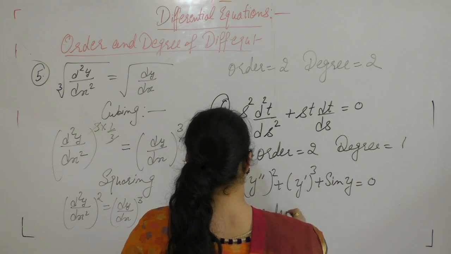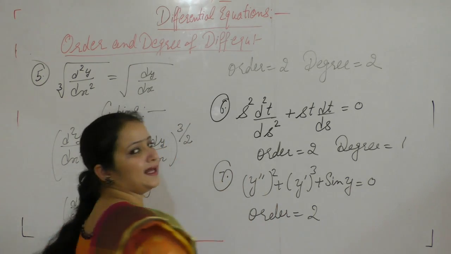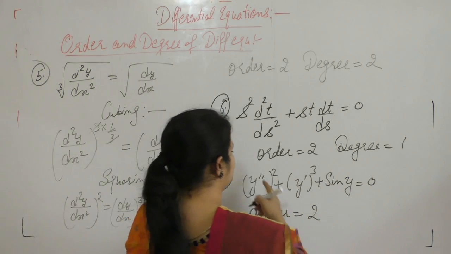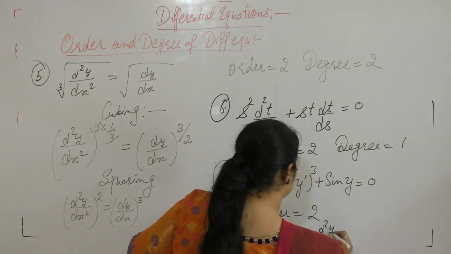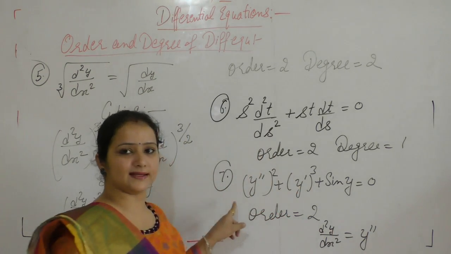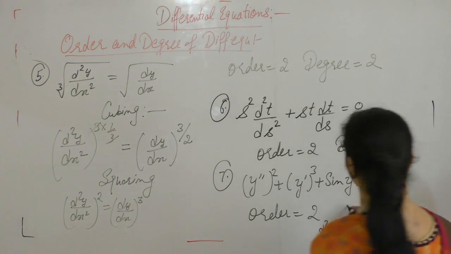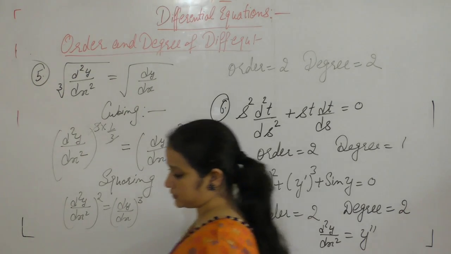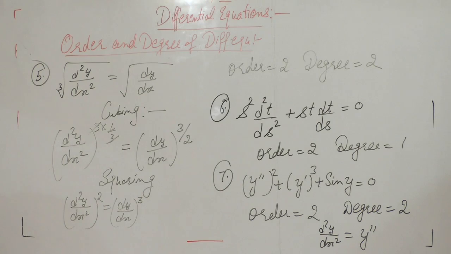Highest order derivative is 2 and degree is also 2. So order 2 and degree is also 2.